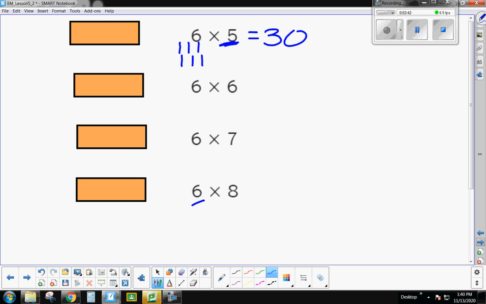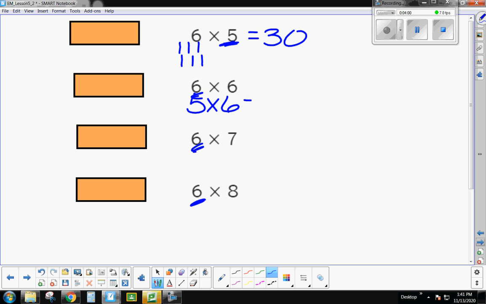But notice that they are all times 6. So what strategy could we use for anything times 6? We have a few different strategies, but one of the strategies we could use is using the helper fact 5 times 6.